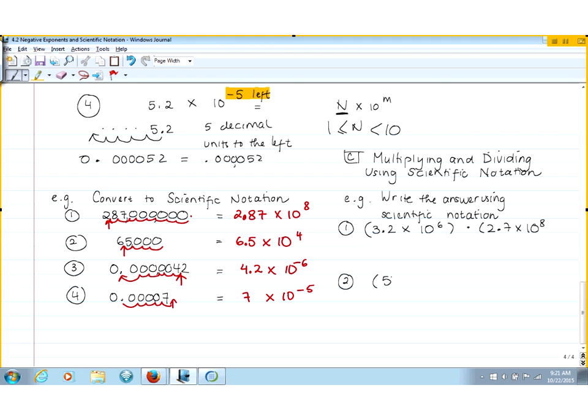Now, number 2, 5.32 times 10 cubed multiplied by 3.18 times 10 to the 7th. Okay, so let's talk about this. Write the answer using scientific notation. So what would you do here?